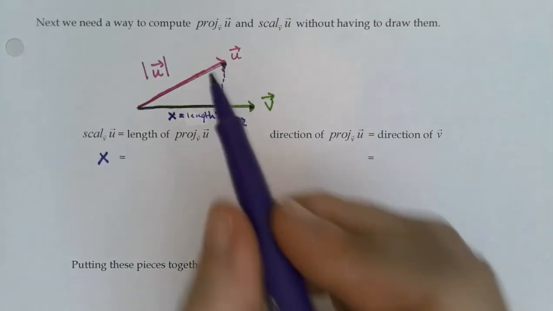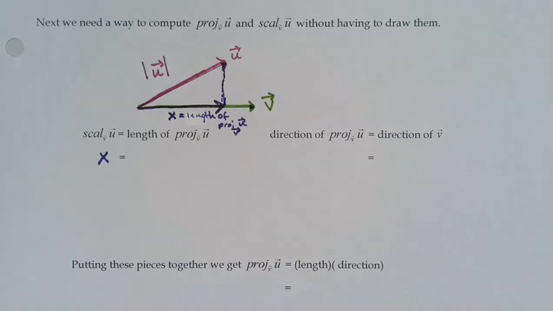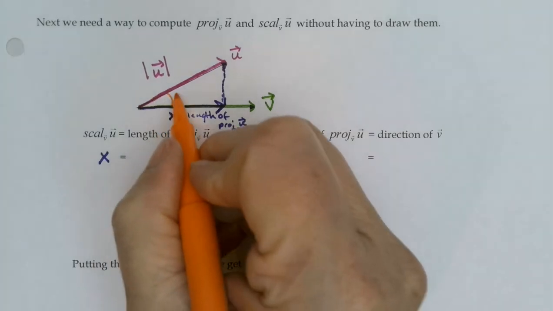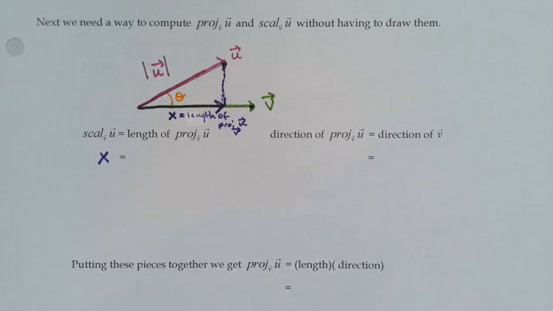Okay, well, let's think about some things that I know here. I know that I'm forming an angle when I create this. So there's an angle theta right here between the u vector and the v vector. What do I know about that?